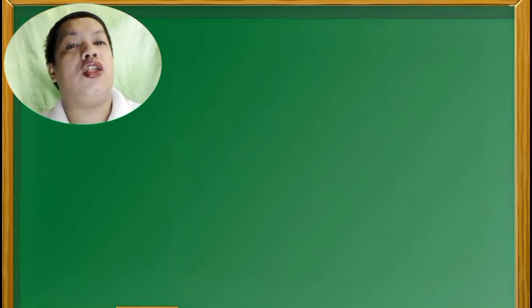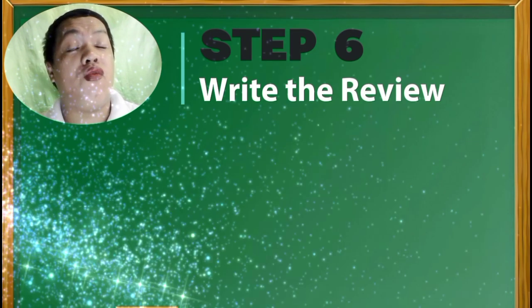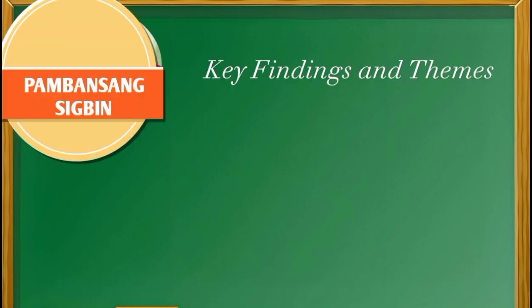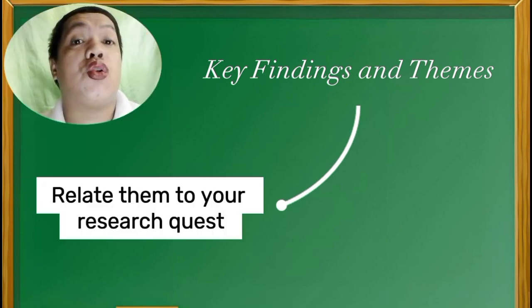Step 6 will tell you to write now the RRL of your research paper or of your thesis proposal. Using your organized literature, write a comprehensive review that summarizes the key findings and themes in the literature and relate them to your research question.